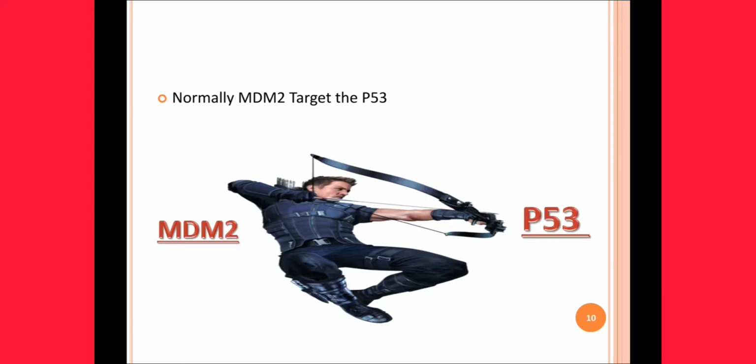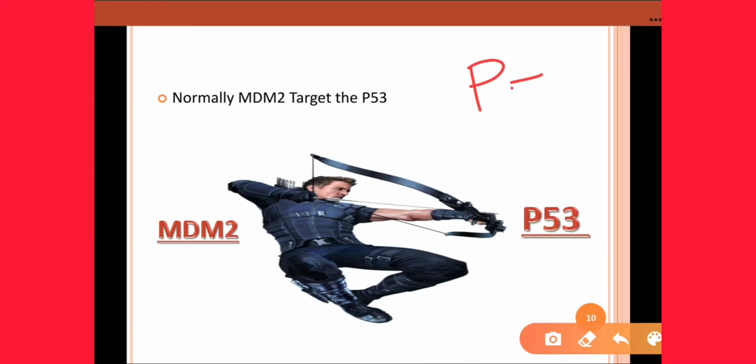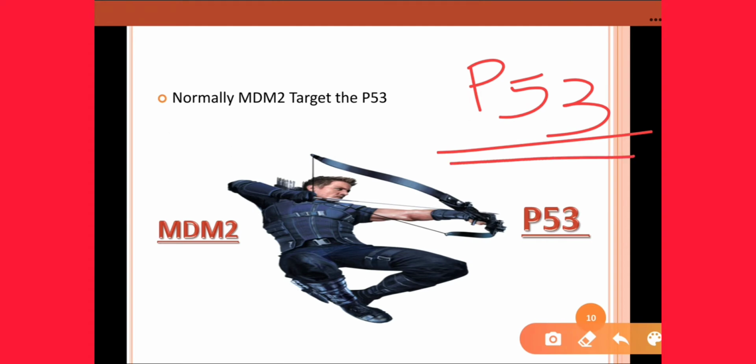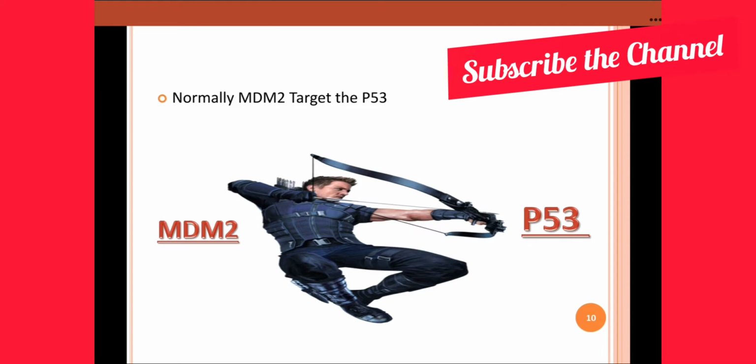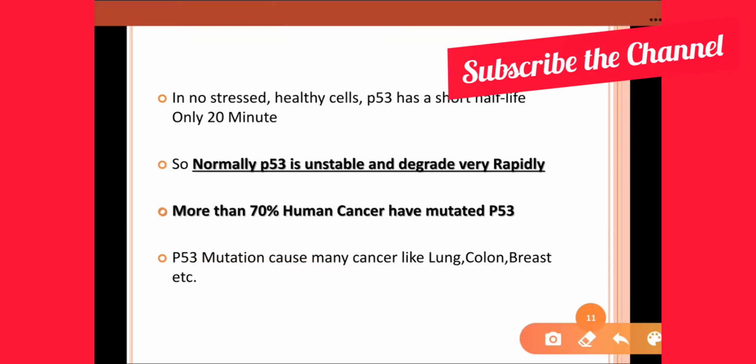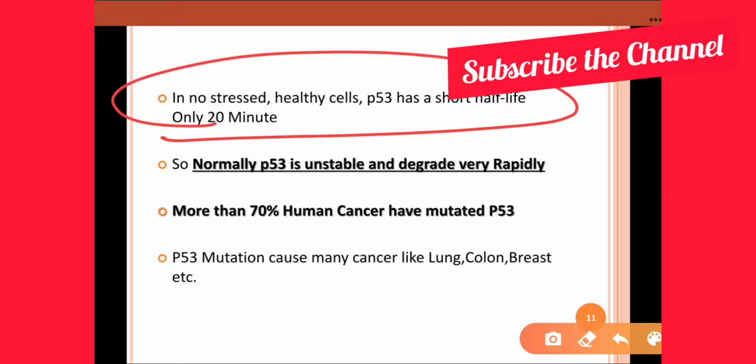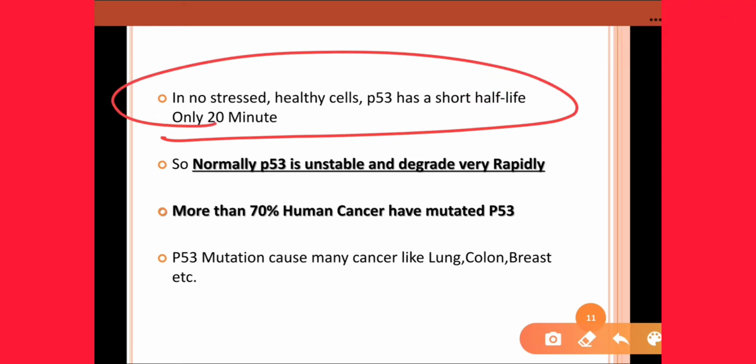Normally, in the normal cell, in the normal tissue, P53 is very unstable and degrades very rapidly. Why does it degrade so rapidly? In a no stress condition, in the healthy cell, P53 half-life is only 20 minutes. So you can predict that within 1 hour, the P53 will get degraded.